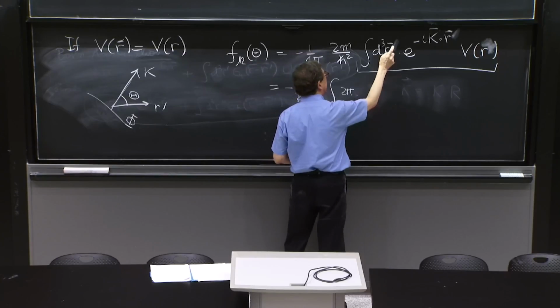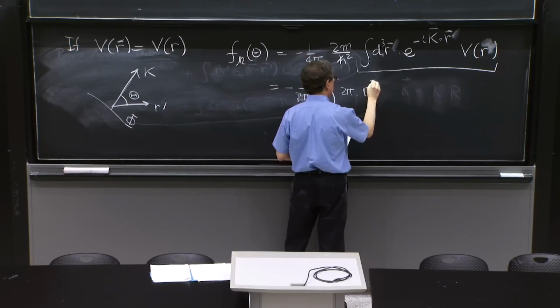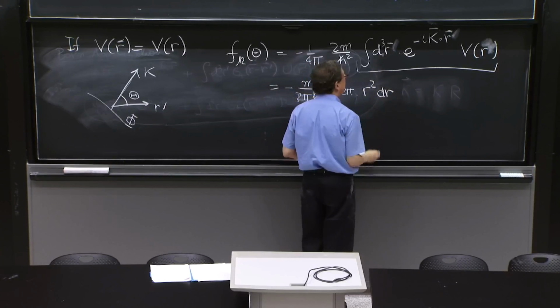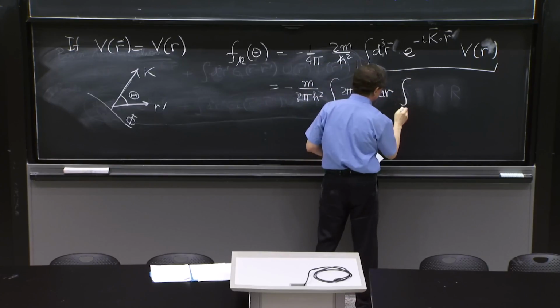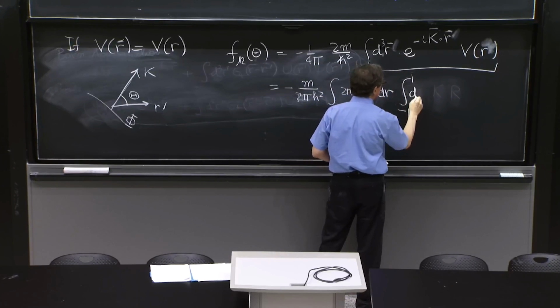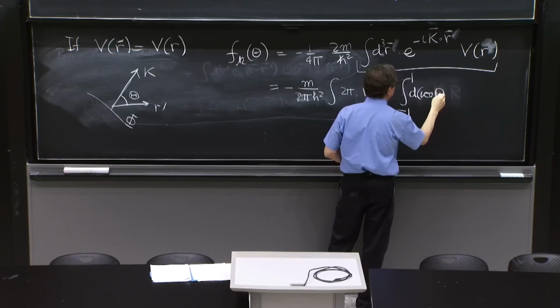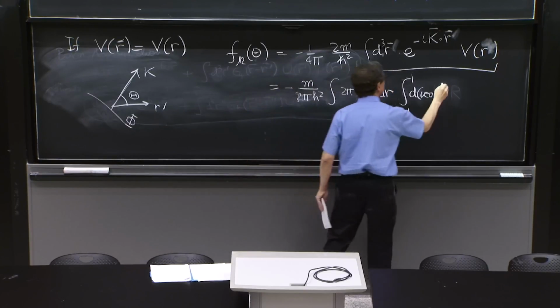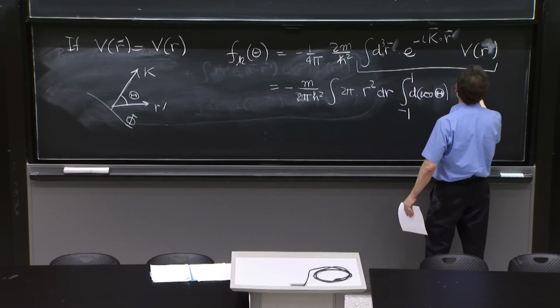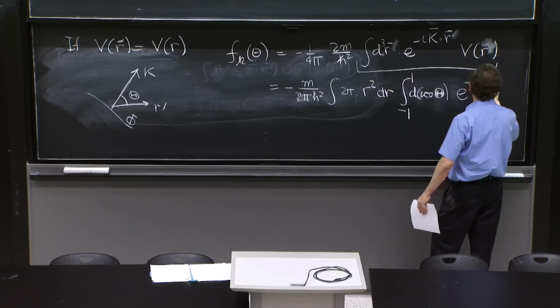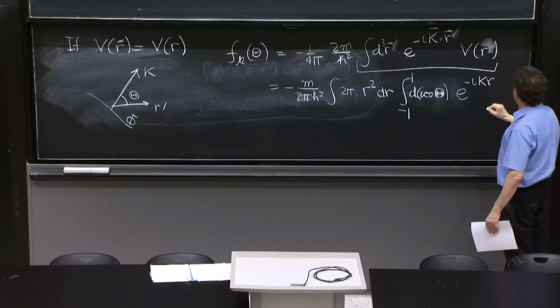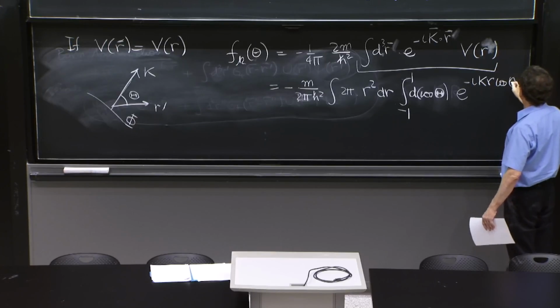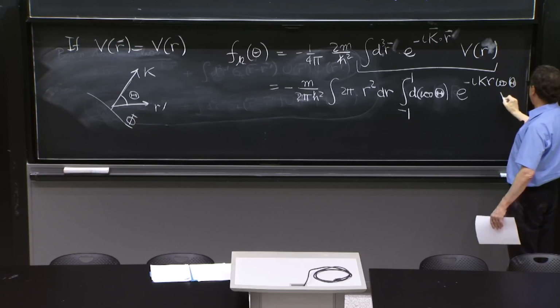So 2 pi, and the r integral is r squared dr. The theta integral in spherical coordinates is d cos theta. And you have here e to the minus i, length of this, length of that, cosine theta, times v of r.